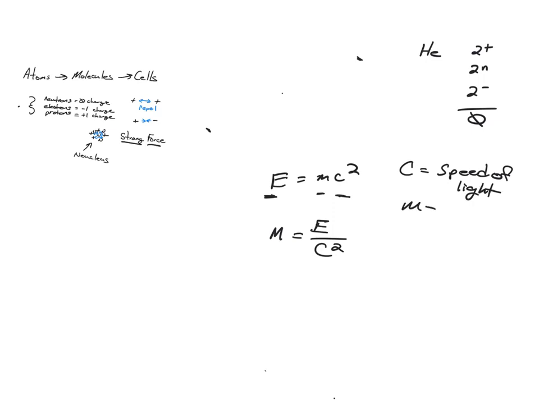M is mass, so you have to have mass. Not everything has mass. Light, for instance, does not have mass. And E is equal to energy. So this famous equation that everybody is interested in that you've seen all over t-shirts actually says that you can make matter. But you need energy. Does that make sense? You need to take energy and turn it into matter. And then you could take matter and turn it into energy.